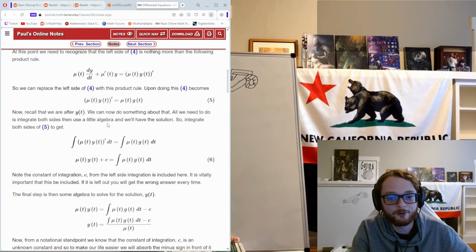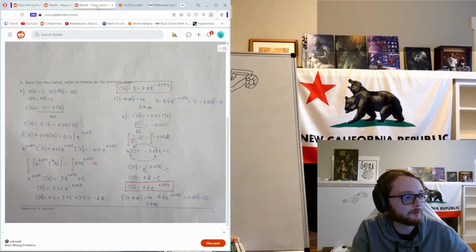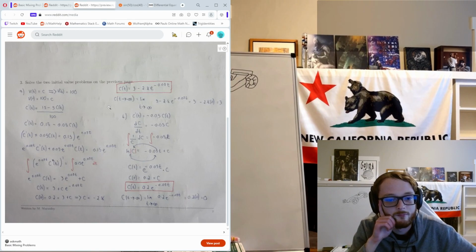Oh, it becomes the product rule. That's how the integrating factor works? Wow. I honestly was probably taught that, but that definitely did not stick in my head like that.